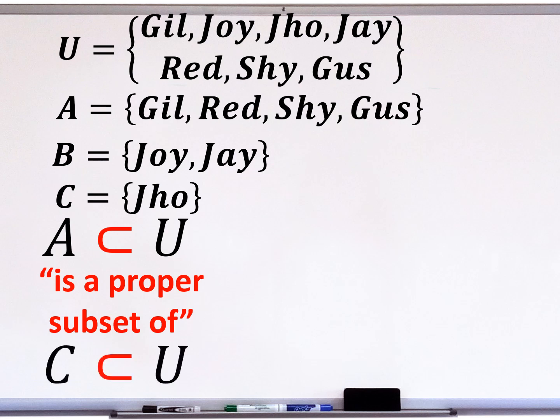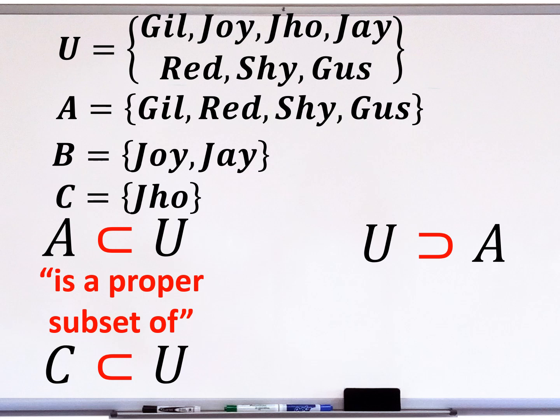Another one, this can be read as set C is a proper subset of the universal set U. Okay, that is how we are going to interrelate the proper subset and the universal set. But what if we are going to change the places of the universal set and the proper subset?